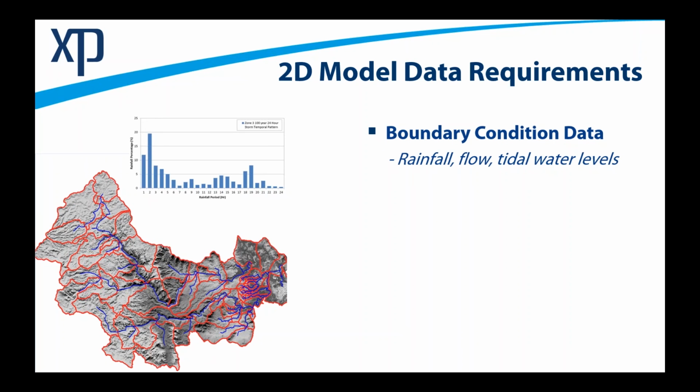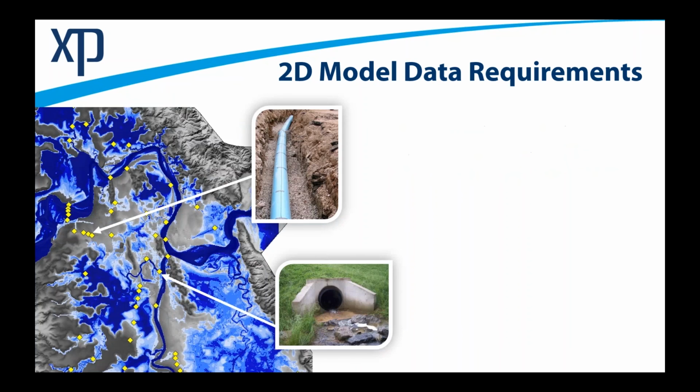And finally, and this is really an optional item. It's not necessary for all 2D models, but in some instances it may be required that 1D hydraulic items be added. That includes features such as culverts, bridges or pipes. In regard to this, it's worthwhile keeping in mind the size of these elements relative to the volume of flow.